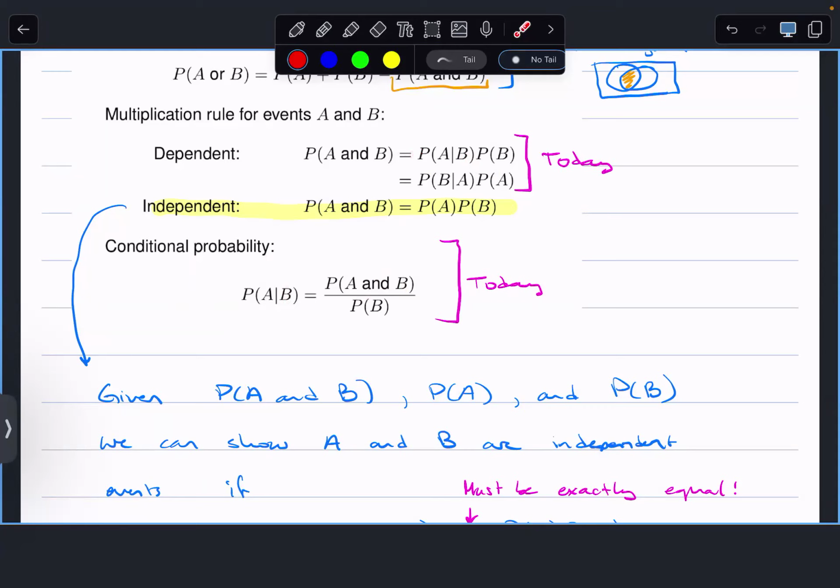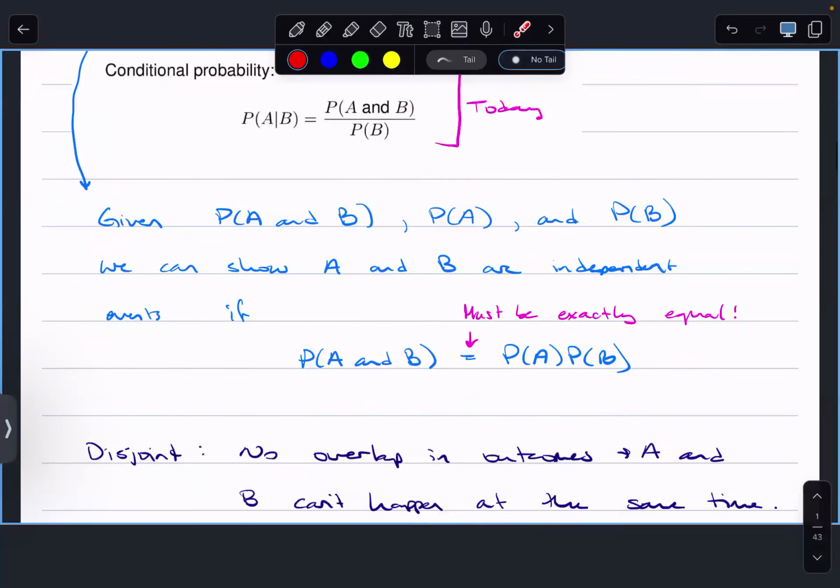Because you can rearrange the probability of A and B divided by the probability of B is the probability of A given B. We haven't talked about that yet, so I'll save it. But you only really need this one line here. Okay. So, any questions about that pretty intense review before we?